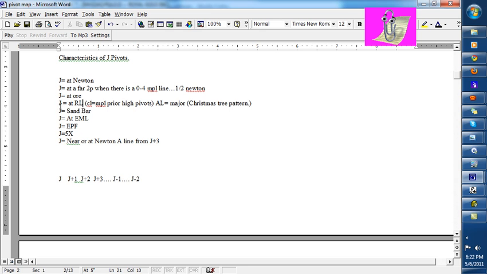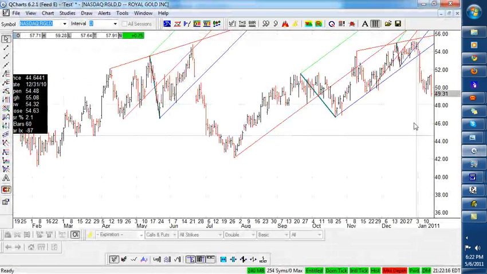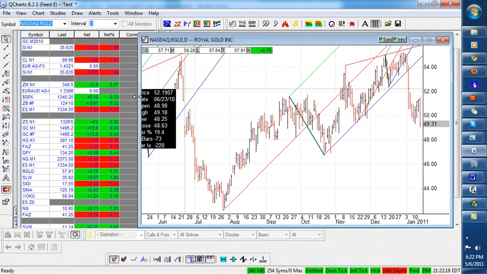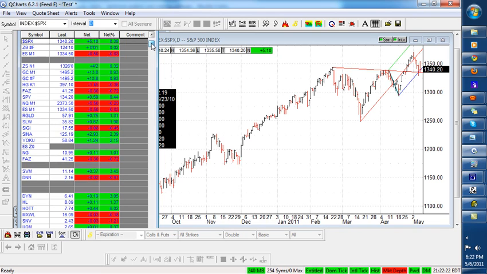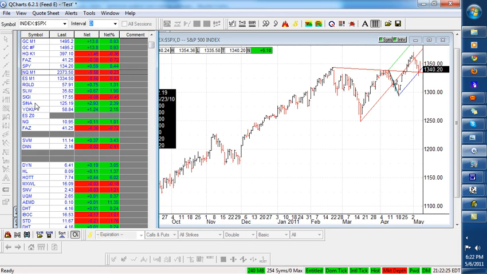Yes, this one here. This is another rare event, at a reaction line when you have these Christmas tree patterns, in other words, when the market is just extremely strong and going crazy.